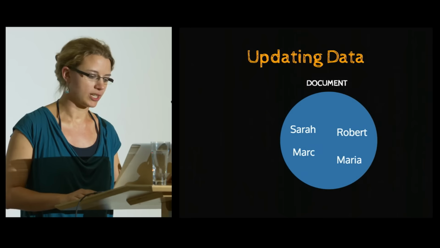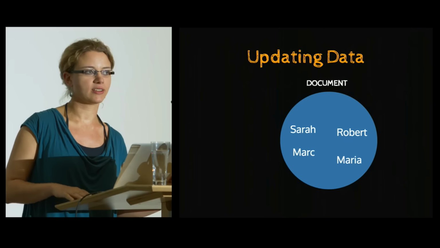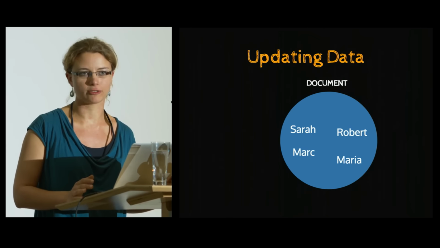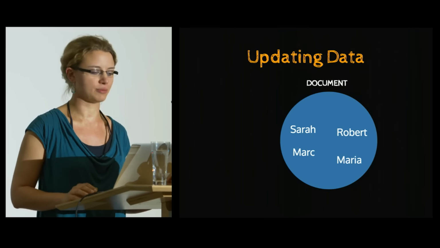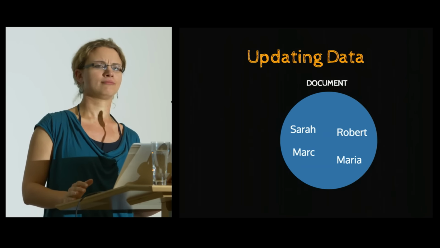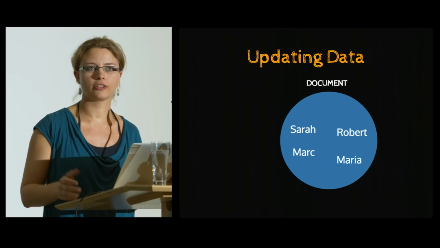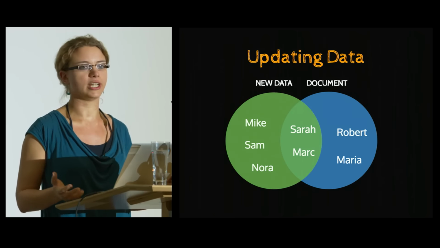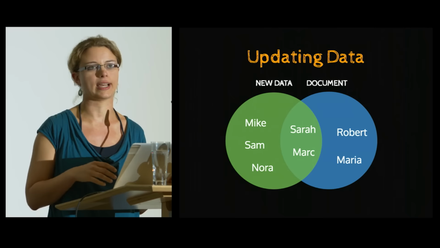So what I now tell you is more about this data binding. When I wrote my master thesis and did those visualizations, I didn't really know the background of this. You can use D3 without knowing this, but knowing this might help you in some cases where you wonder what's happening here. So you have a document, you have those 4 names, they came in, and now you get new data. So what D3 is doing for you is calculating the sets.